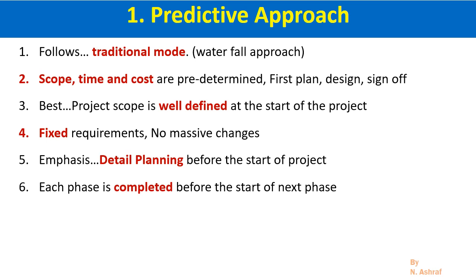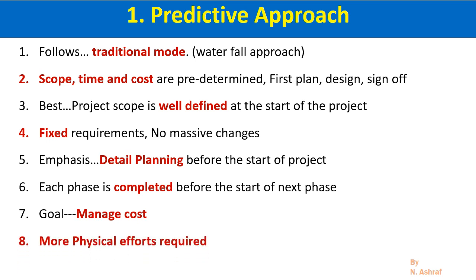And in this type, different phases of the project are completed step by step, just like after completion of first phase, the second phase would be started. The basic purpose of this approach is to manage cost because the time, cost, and scope are predetermined.